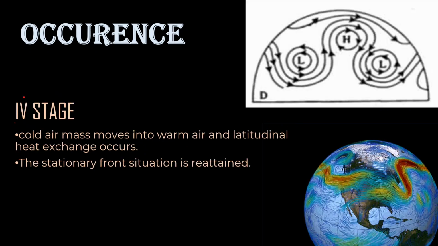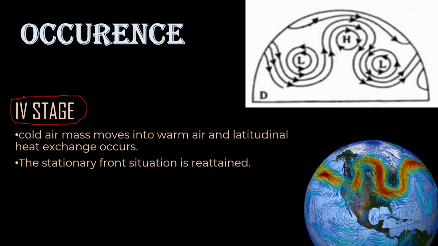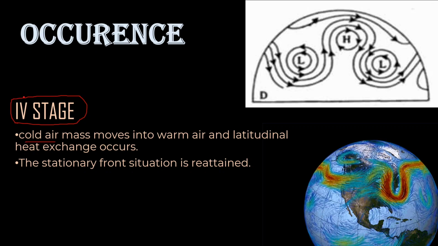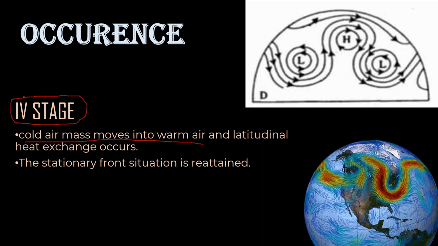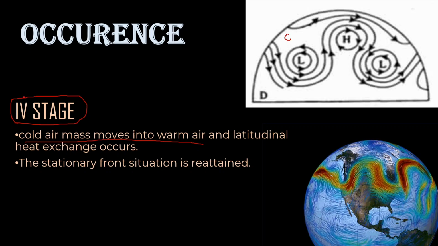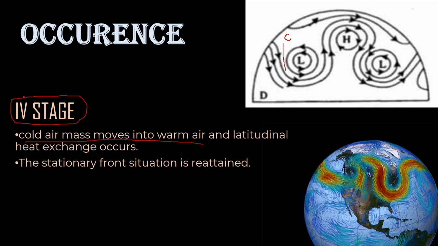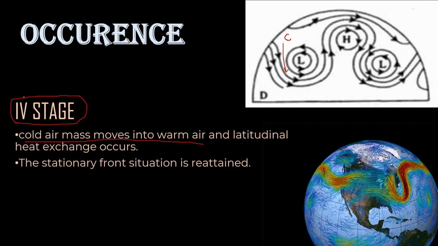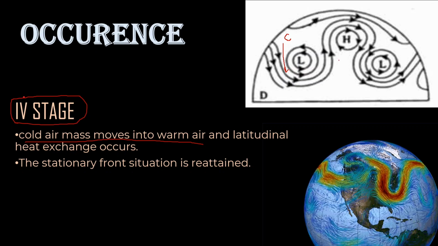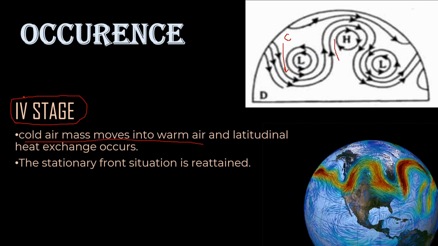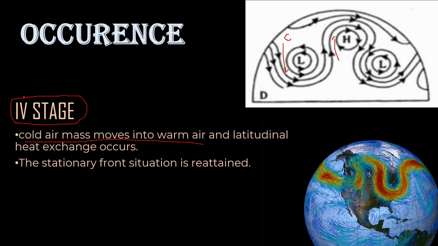It is the final, fourth stage of the formation of jet streams. Here the cold air mass moves into warm air. We can see the cold air mass was here, but now it moves and invades the warm air mass, and the warm air mass also moves into the cold air mass.